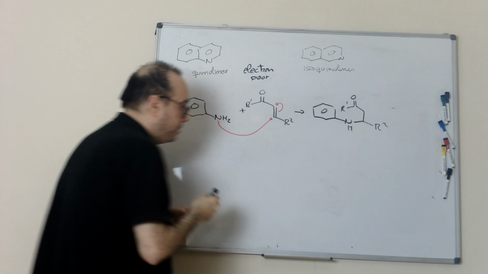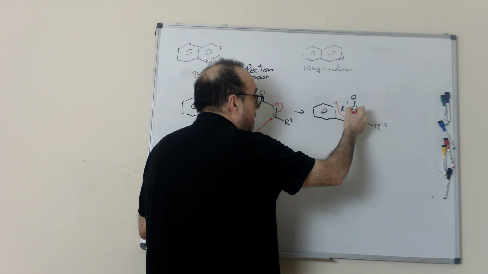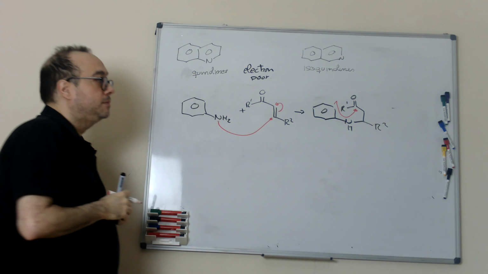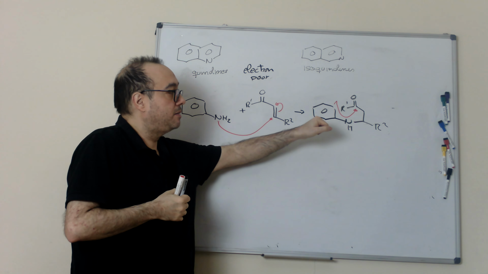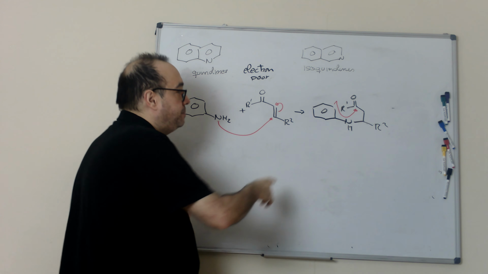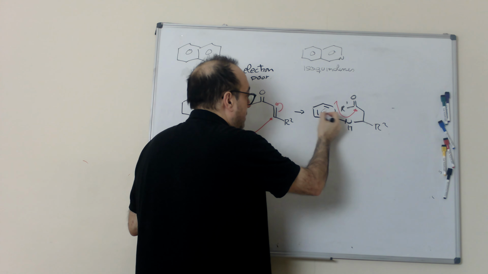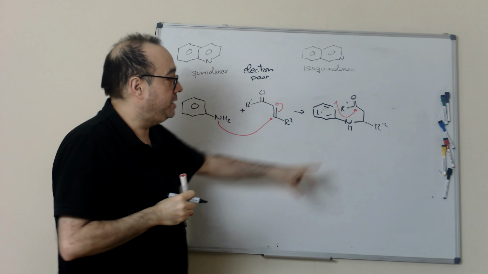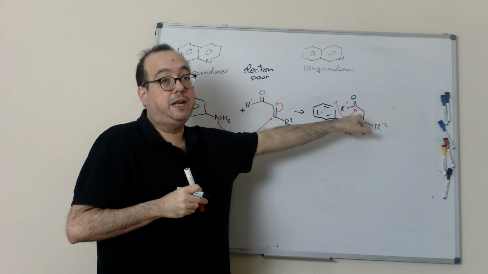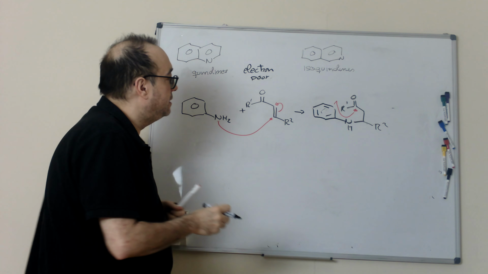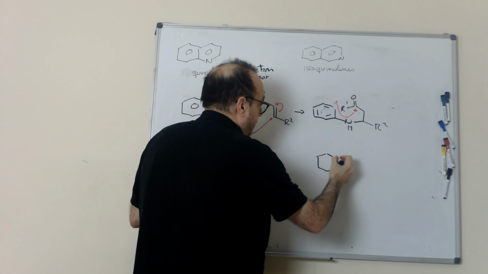Okay, we have the Michael addition followed by an intramolecular Friedel-Crafts reaction. Basically, this ring is electron rich because we have an amine and will attack, following electrophilic aromatic substitution, the ketone.